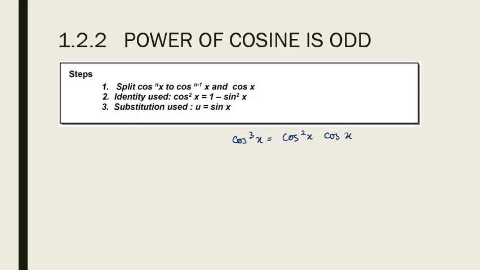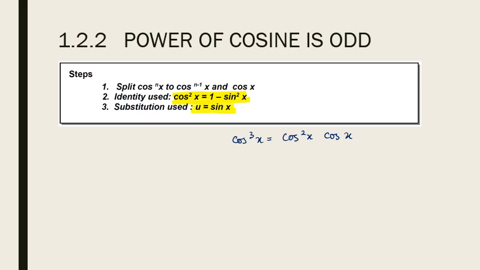And so on. The identity that we use is cos square x equal to 1 minus sine square x. Before we used sine square x, now we use cos square x. So the substitution is u equal to sine x.